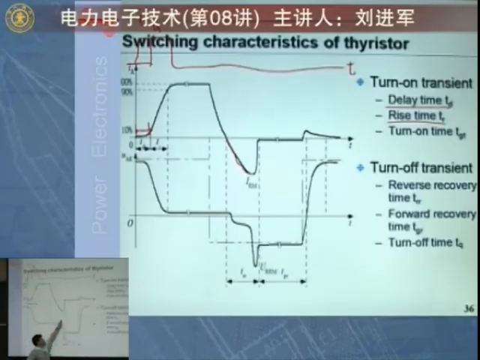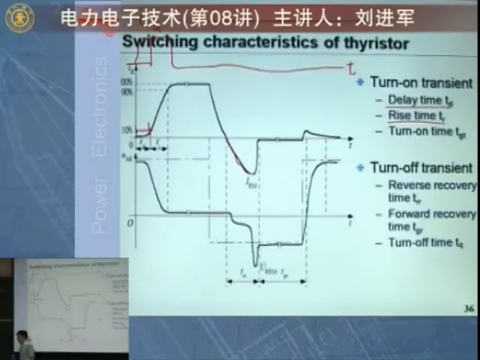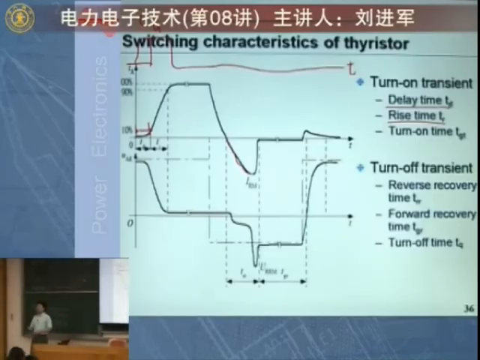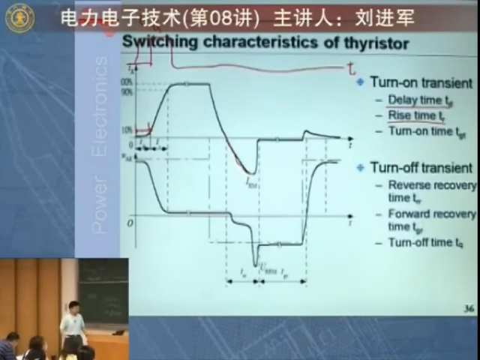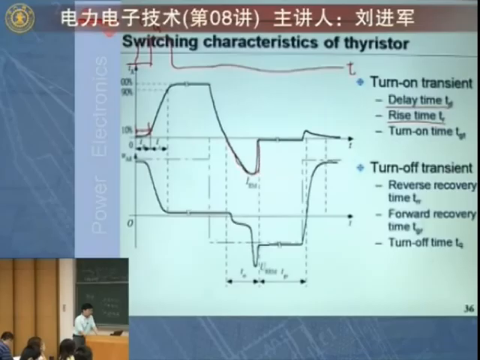When all the carriers are removed, the thyristor becomes very high resistance. Therefore, the current can no longer flow through, because all the carriers have been taken out, and the current comes back to 0.